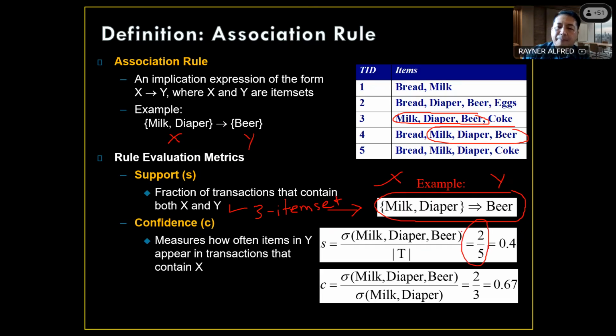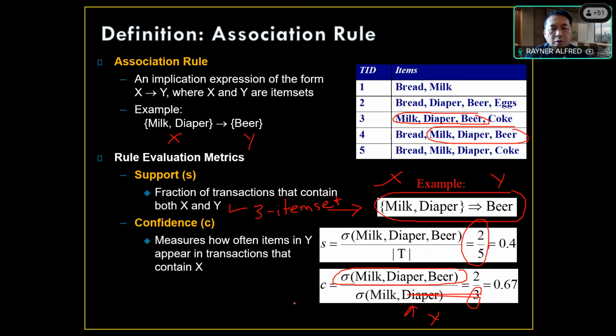Okay, but the confidence measures how often items in Y appear in transactions that contain X. So we take this support here, and we only take the X that we have. So this is your X. We count the number of X. So this is 3.